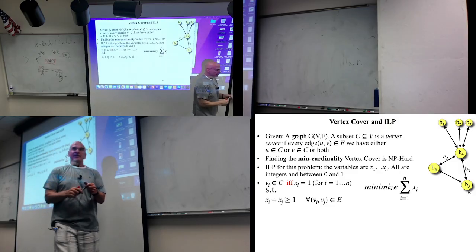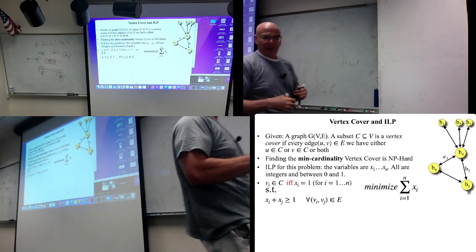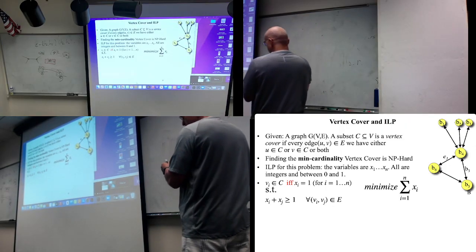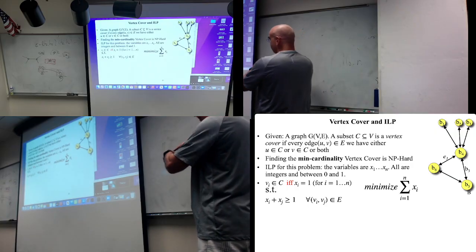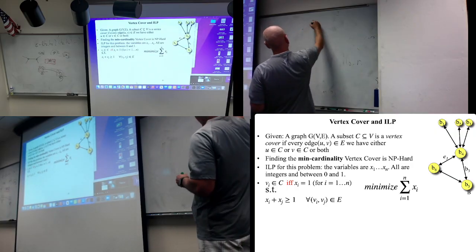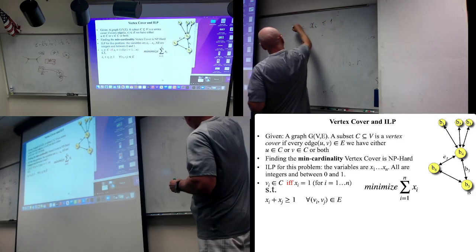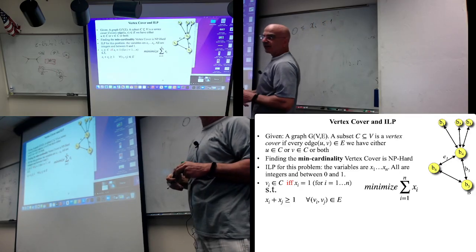And I'll say, what do I tell the ILP about every xi? One of the constraints, convince yourself that it can be stated in the same way, is I want xi to be between 0 and 1 for each one of the xi's.